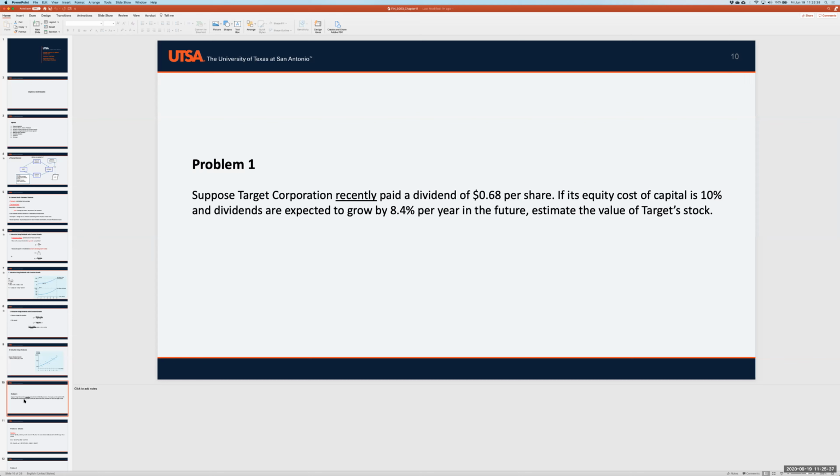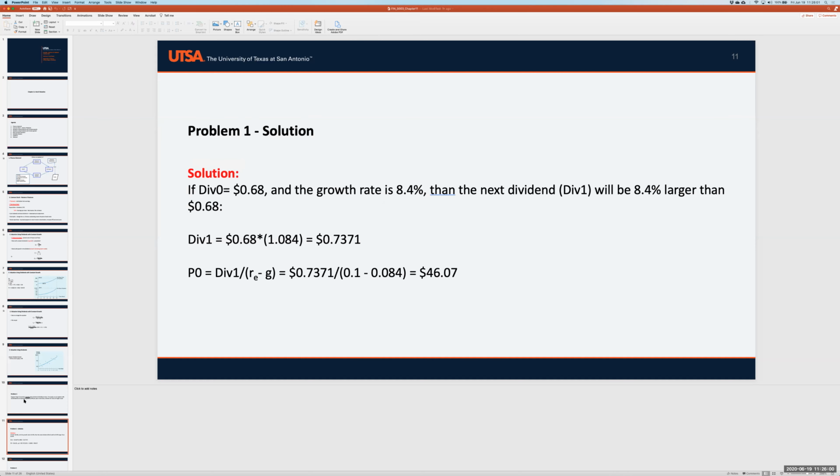Let's solve a question. Suppose Target Corporation recently paid a dividend. Recently means the dividend payment at time 0, and it paid 0.68 per share. If its equity cost of capital is 10% and dividends are expected to grow by 8.4% per year in the future, estimate the value of the stock. Same calculation. The dividend payment at time 0 is given, which is 0.68, and then we have the growth rate 8.4%.